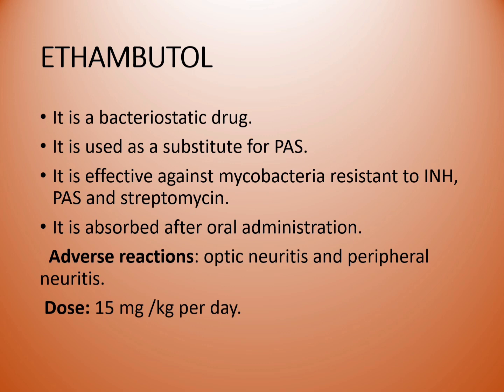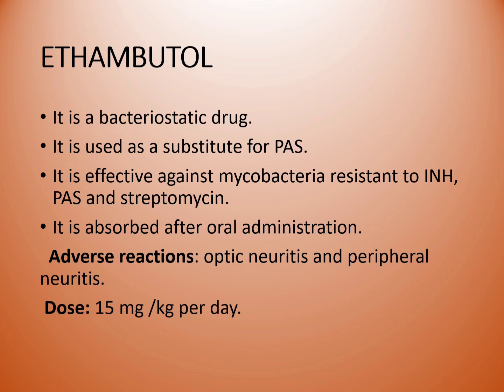Then the next example, ethambutol. This is also a bacteriostatic drug. It is a standard drug, that is, a primary drug. It is used as a substitute for para-aminosalicylic acid.